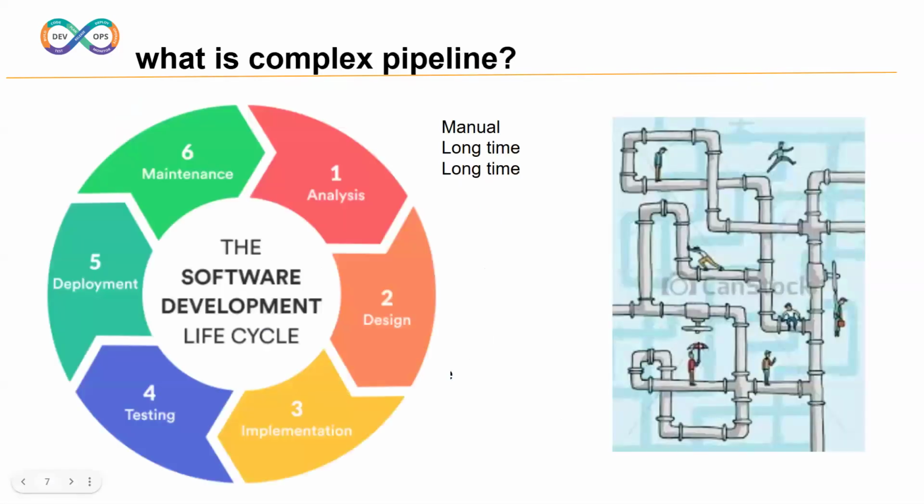Let us try to understand. First, what is a complex pipeline? The complex pipeline is a manual process from analysis to design, design to implementation, implementation to testing, testing to deploy, deploy to maintenance. It is a manual process.